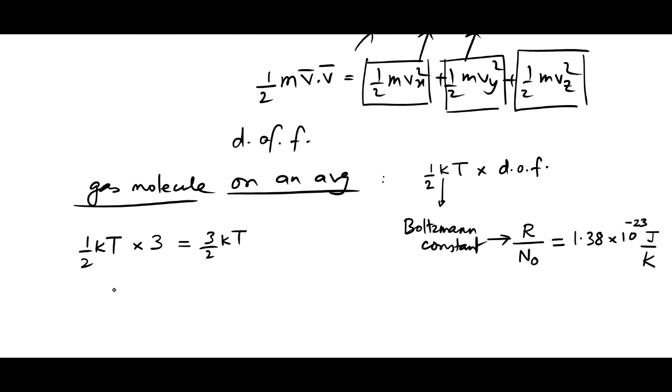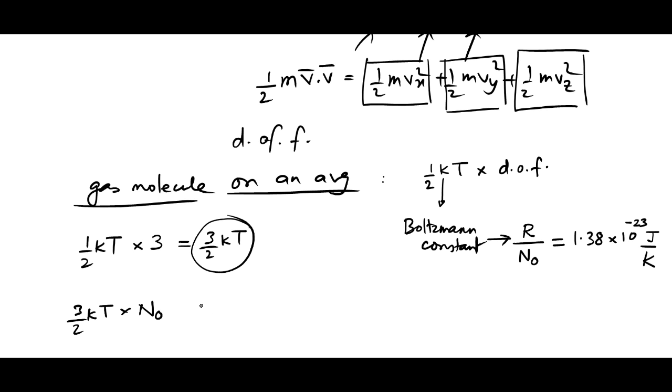This is the average energy possessed by a single gas molecule of, let's say, helium or neon, monatomic gases. Now when I multiply 3 by 2 kT, the energy per molecule, with the Avogadro's number, which is essentially the number of molecules in 1 mole, then naturally I get the energy per mole, the internal energy per mole.